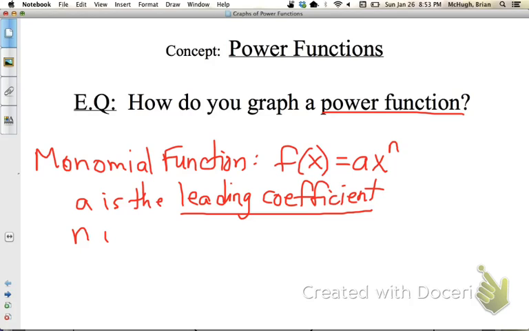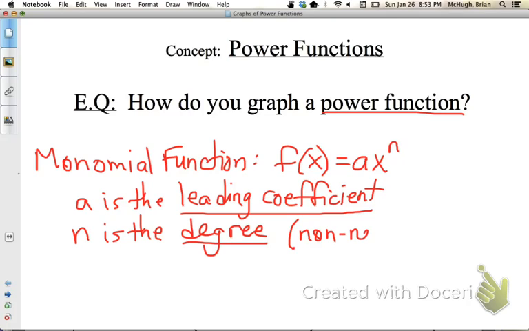And n is called the degree. And there were some restrictions on what n could and couldn't be, and so n needed to be a non-negative integer. So it could be 0, it could be positive, but it needed to be an integer and couldn't be negative.